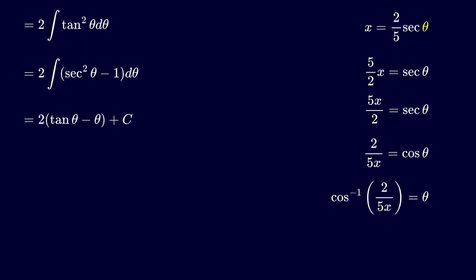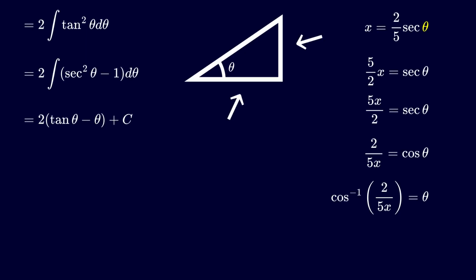Instead, remember that trig functions like this tangent here are all just ratios of the sides of a triangle. So, if we can find the opposite and adjacent of a right triangle involving this theta here, then we can find tangent. And since cosine theta equals 2 over 5x, adjacent over hypotenuse equals 2 over 5x.